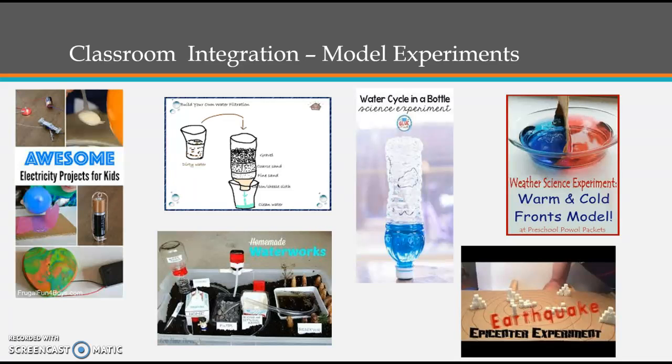Also, creating your own water filtration system. That's ideally something that would be a model experiment, changing things up, controlling the variables, and seeing which materials could be used to provide the best filtration system. So those are just a few, and I'm sure there's tons more that we do every day within our own science or STEM classrooms as well.